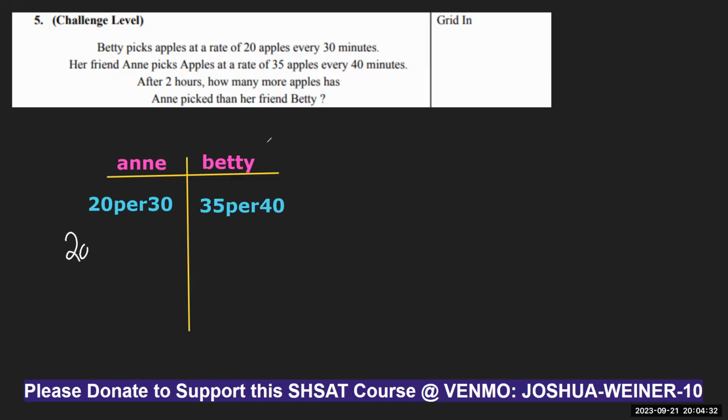So 20 in 30 minutes. And then 2 hours would be 2 times 60 or 120 minutes. And those are the number of apples. So 30 times 4 is 120. And we'd have to multiply 20 by 4 will be 80 apples.